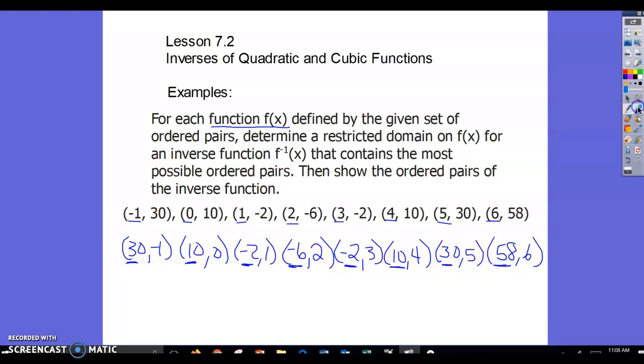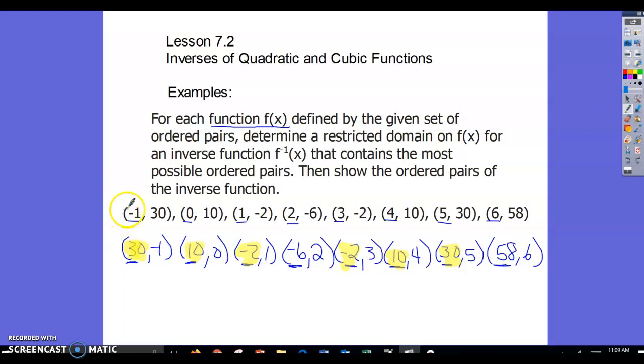The ones we have to look at are the ones that repeat. So we've got 30 twice, we've got 10 twice, and we've got -2 twice. It says restrict the domain of the original function to where we can contain the most possible ordered pairs.